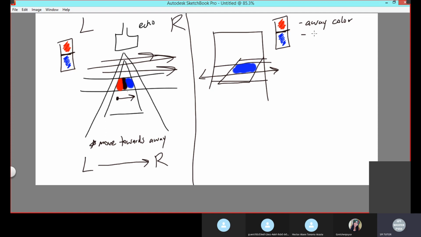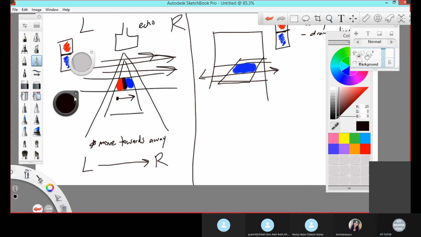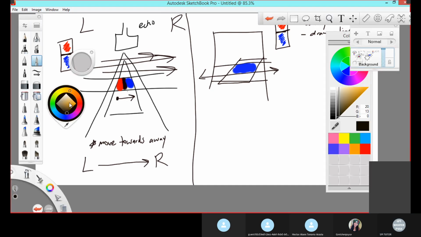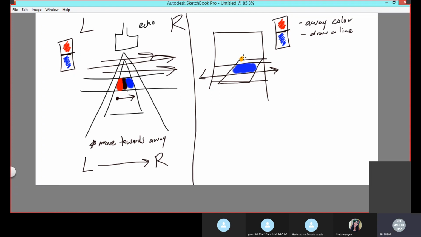The second rule is that you're going to draw a line. And you have to draw that line from a top corner. Now you have two top corners. You have this top corner, and you have this top corner. So you have two corners to pick from.